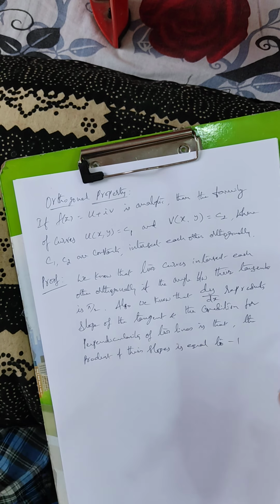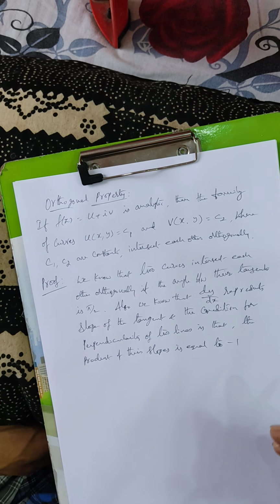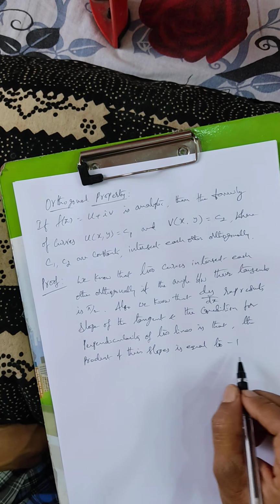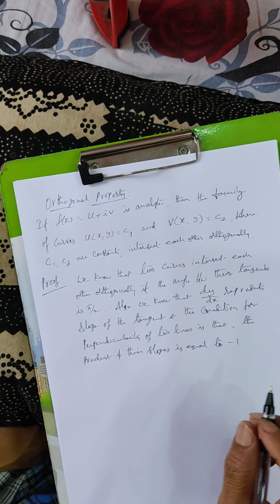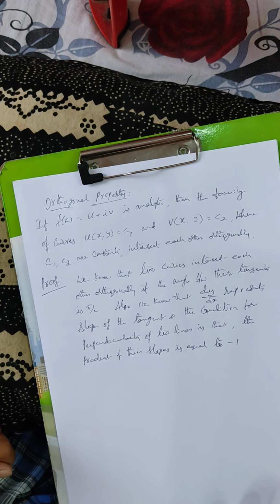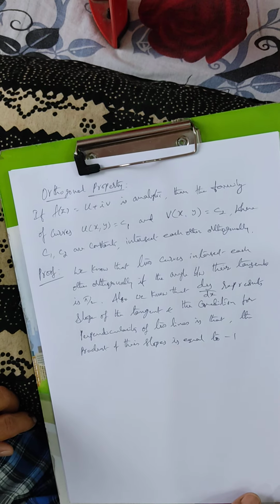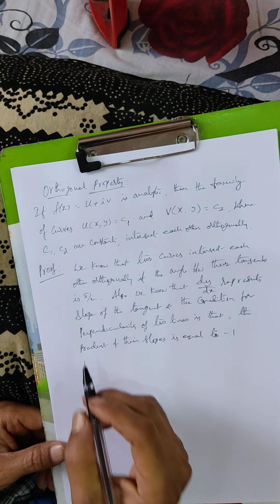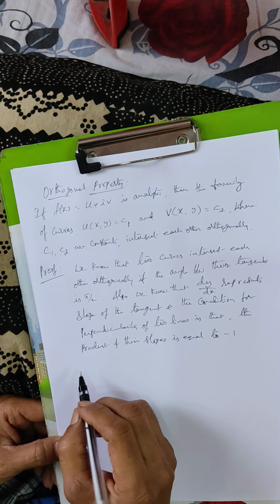So you can say if m1 is the slope of the first line, m2 is the slope of the second line, m1 into m2 is equal to minus 1, then those two lines intersect each other orthogonally, or they are perpendicular to each other. So now let us consider the first curve.